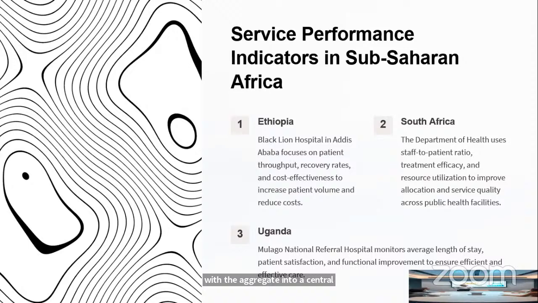This integration gives them an edge to be able to monitor their services and progress across different locations. They were also able to identify trends, such as readmissions as a result of incomplete management sessions, right? And after analysis of this aggregated data, they introduced home follow-ups that reduced their number of readmissions by about 15%.